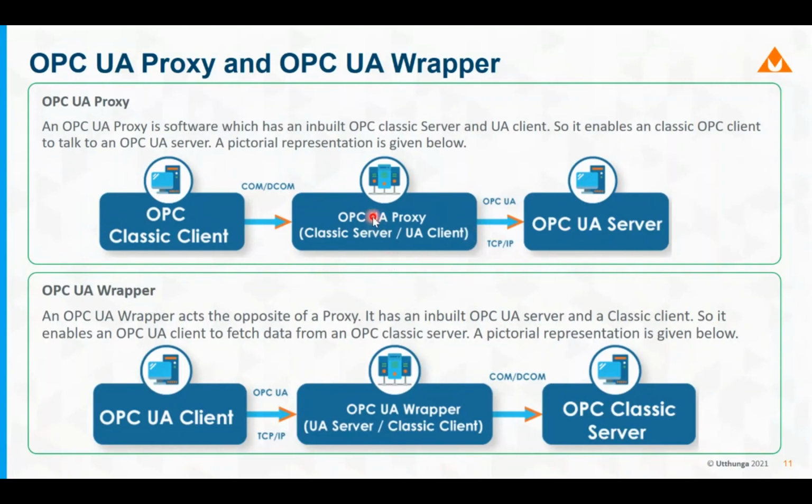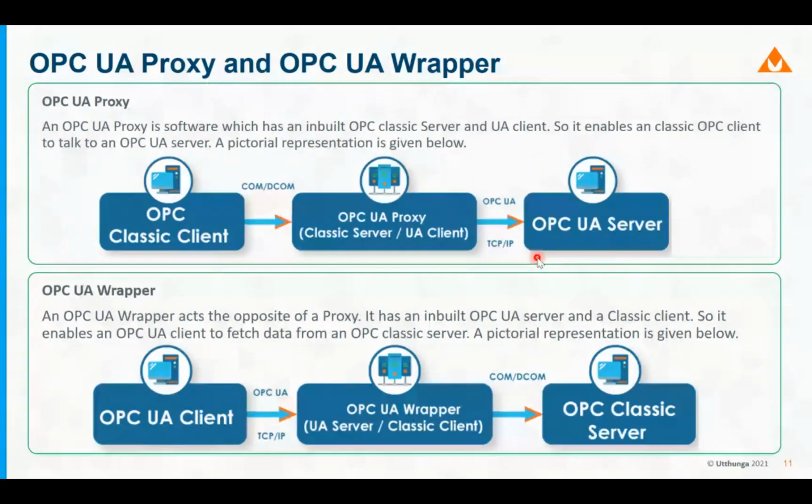It will expose Classic server interfaces to this Classic client, and once the data comes inside, it will expose it in a UA way to the UA server. So in a nutshell, it converts a COM-DCOM communication, because a Classic client only understands COM-DCOM, and internally, once the data comes here, it gets converted to a TCP/IP communication.